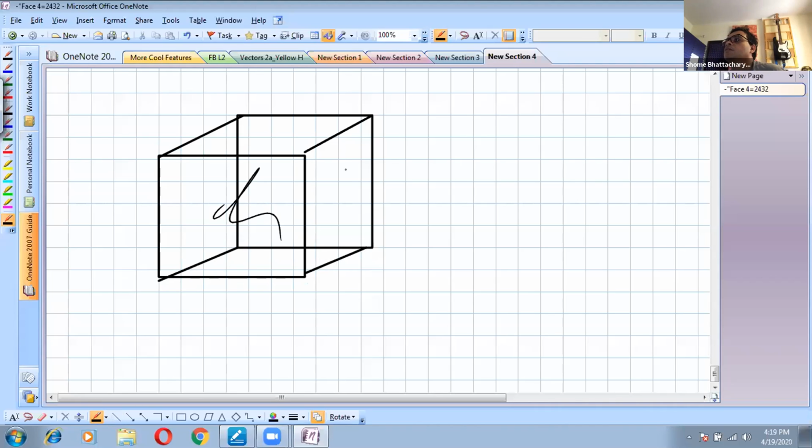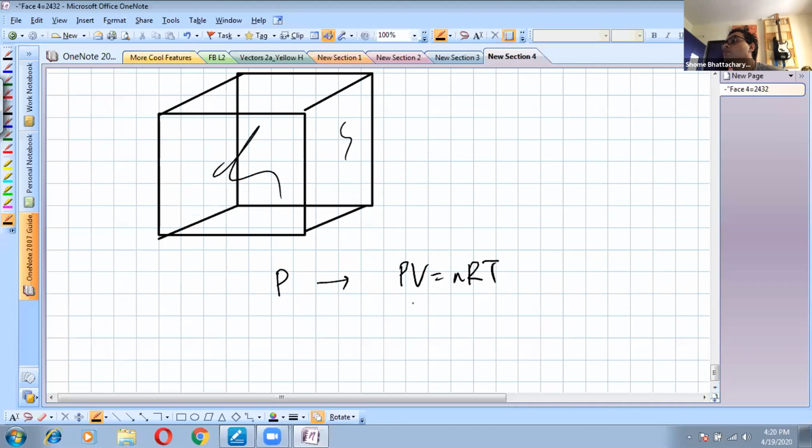So you know that the pressure has the relation that PV is equal to nRT. Or you can also write this as PV is equal to total number of molecules into Boltzmann constant into T. They're one and the same thing. That's one equation we have.